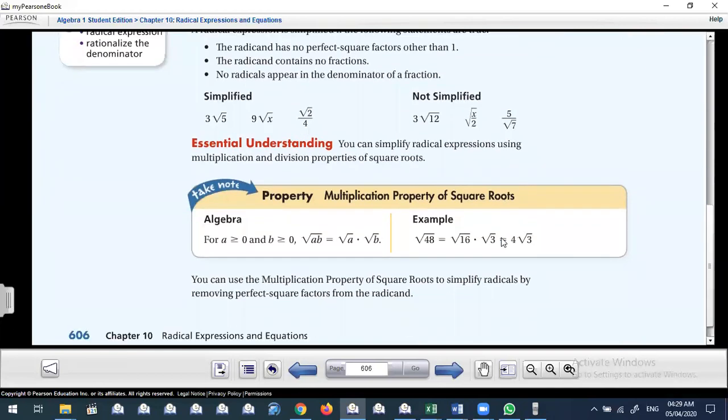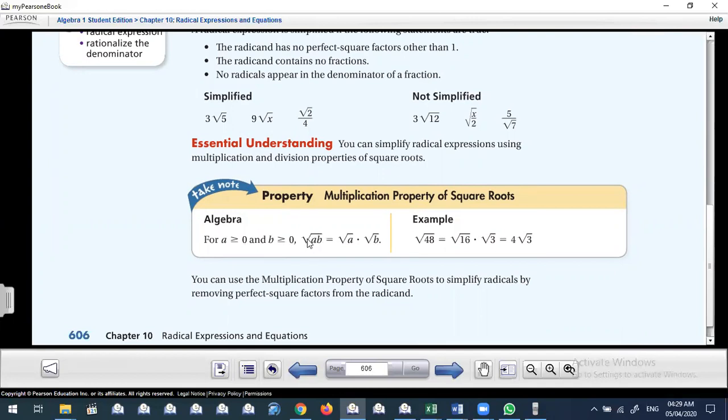Let's start with our rule. If A is greater than or equal to 0 and B is greater than or equal to 0, then the square root of AB equals the square root of A times the square root of B. I can distribute the square root among the multiplication.